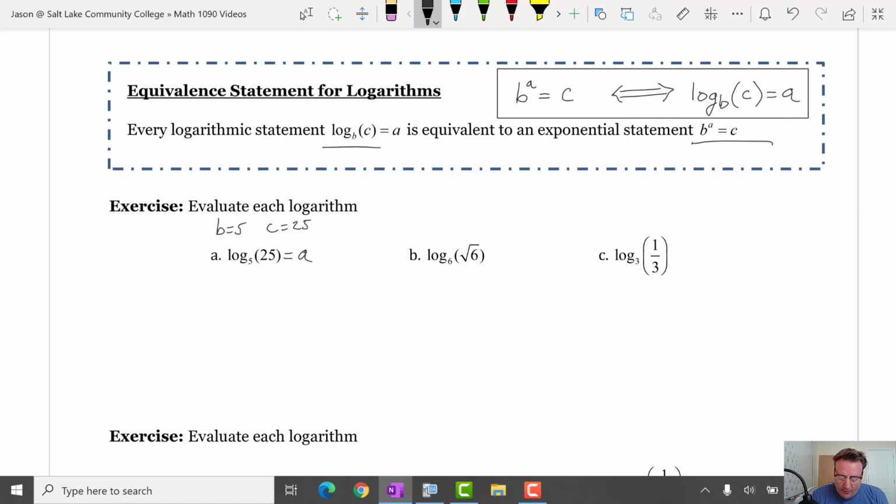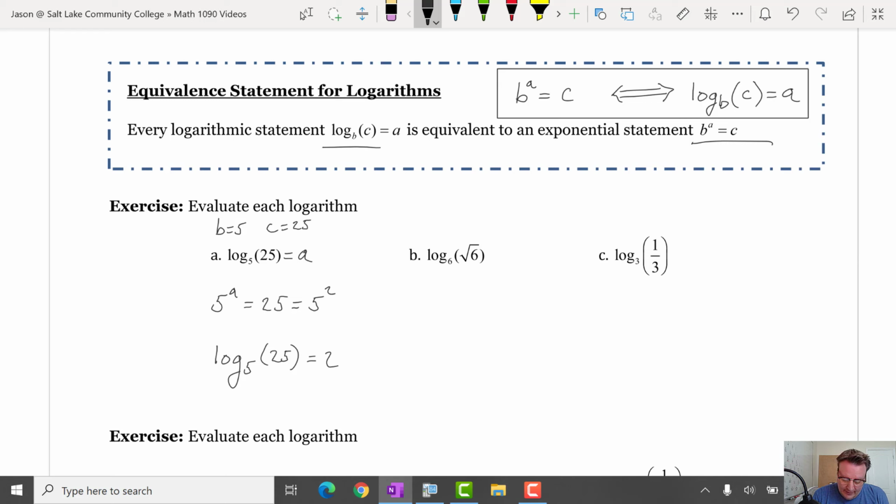So if I write b to the a equals c, I'm going to write 5 to the a equals 25. Okay, but what is 25? 25 is 5 squared. So a has to equal 2. So we would write log base 5 of 25 equals 2, because 5 squared equals 25.